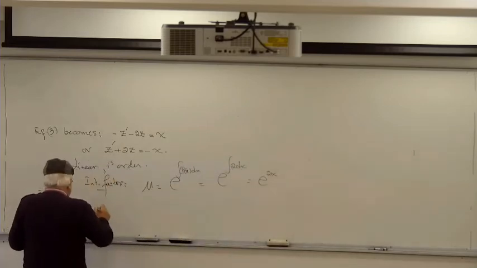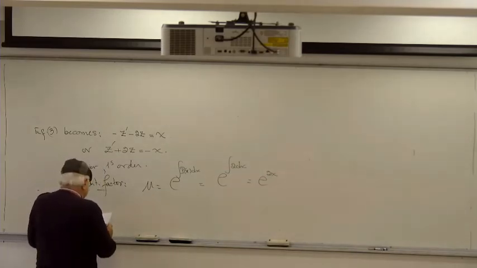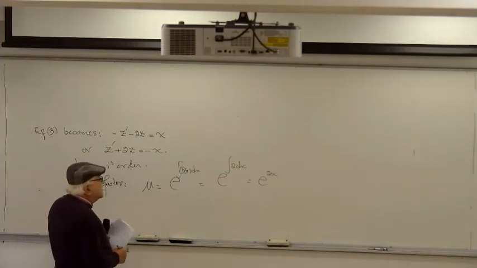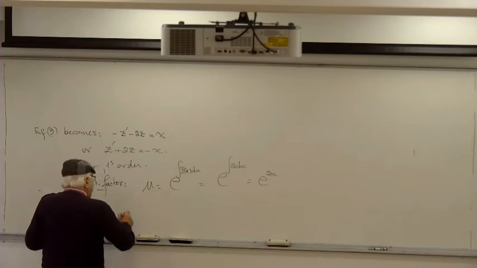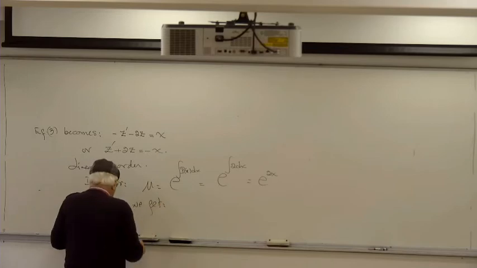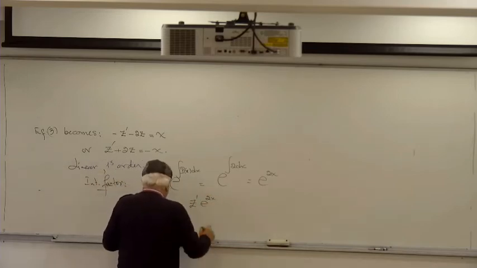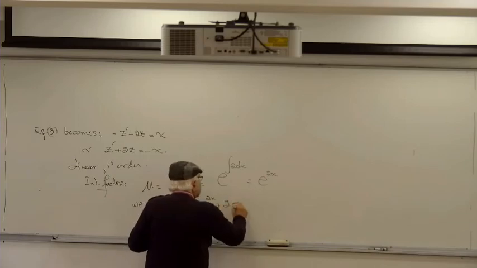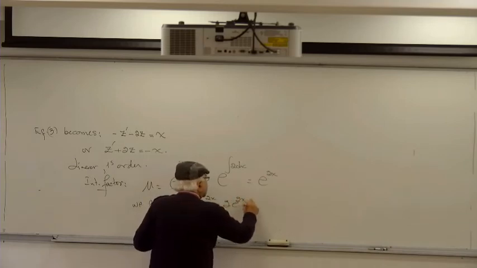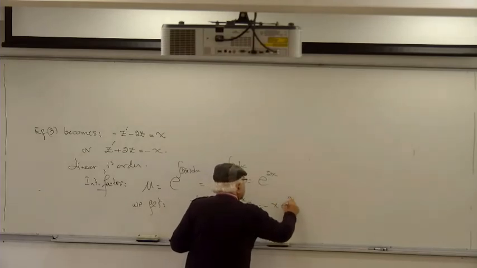Our equation becomes now, multiplying our last equation by this integrating factor, we end up with the equation z prime e to the 2x plus 2 e to the 2x z equal to minus x e to the 2x.